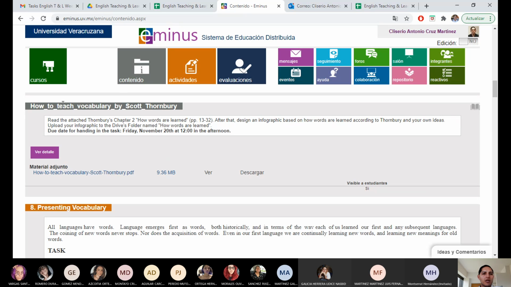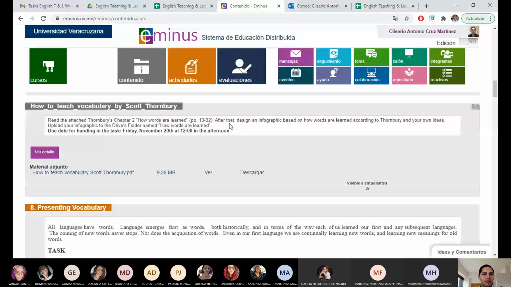And this is one of your tasks. How to Teach Vocabulary by Thornbury. Read the attached Thornbury's chapter 2, How Words Are Learned, from page 13 to 32. Here you can download it.